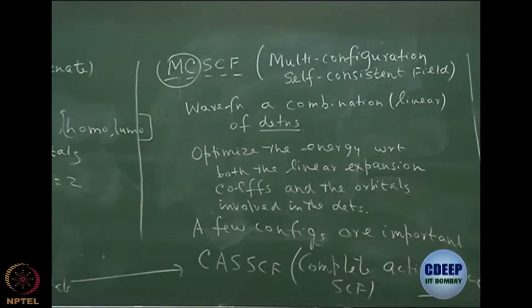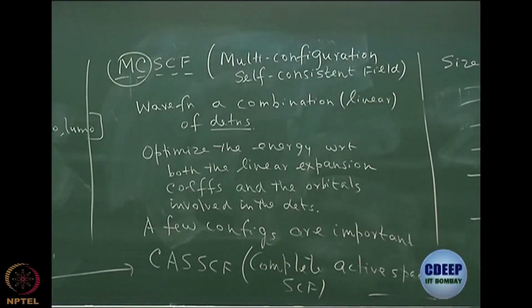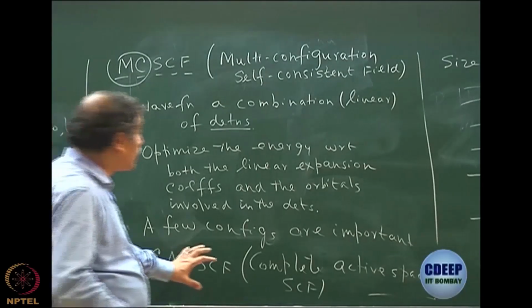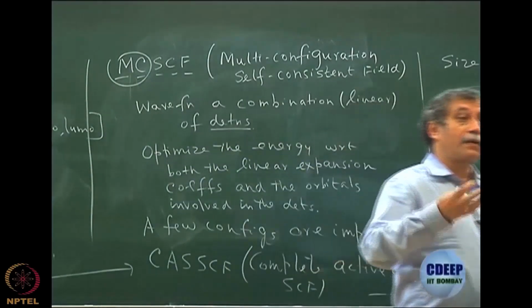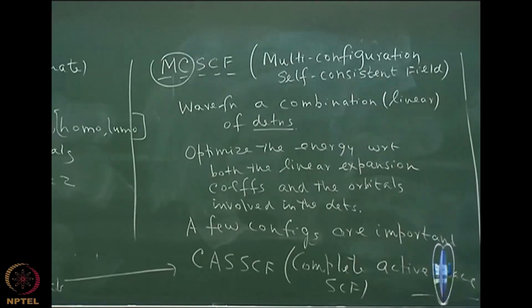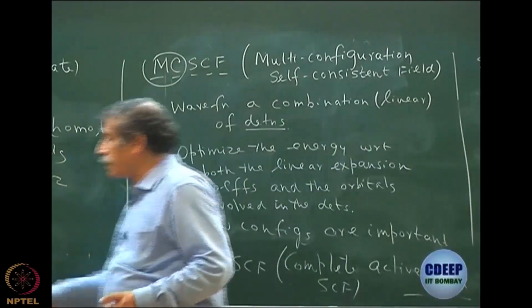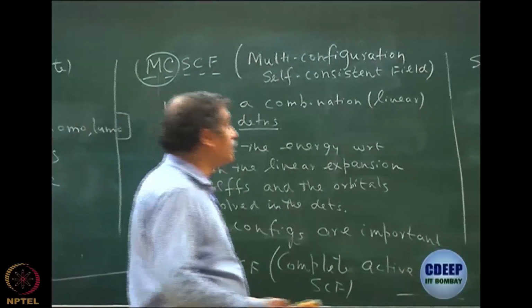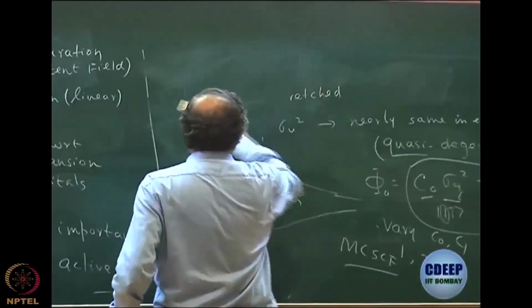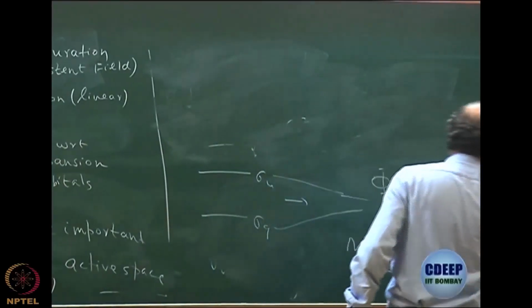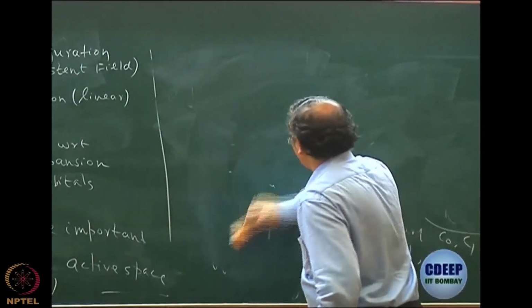After you do CAS SCF, there are many people who do, within this multi-reference, multi-configuration function, another perturbation theory. That is very, very powerful, and that is usually called CAS PT, perturbation theory. So do a perturbation on CAS. So these are all methods that are available.